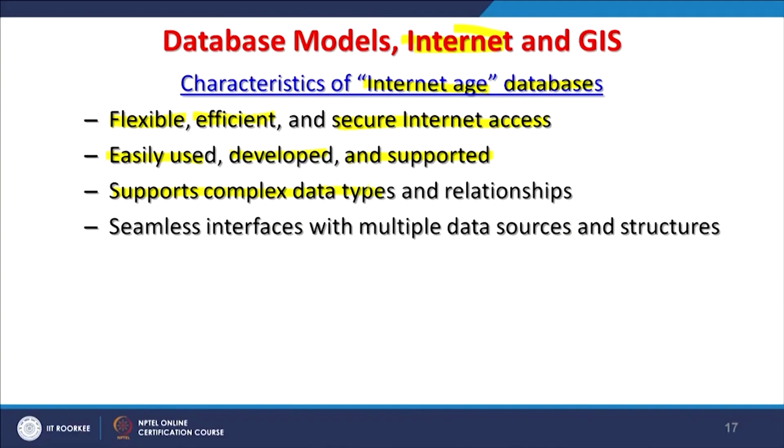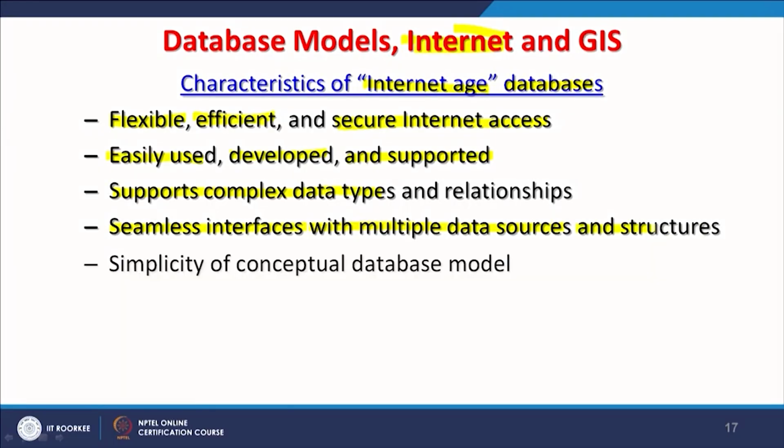This kind of thing is only possible if it is available on the internet, flexible, efficient and secure. It has seamless interfaces with multiple data sources: satellite images, the digital elevation model, maybe data about earthquakes, culture, roads, etc., all are there. And there is simplicity of the conceptual database model, at least at the user end, it is very simple.